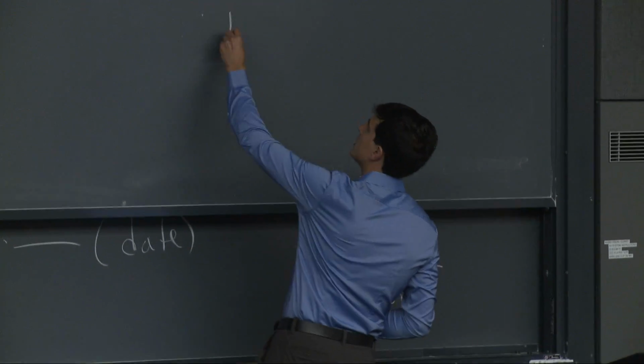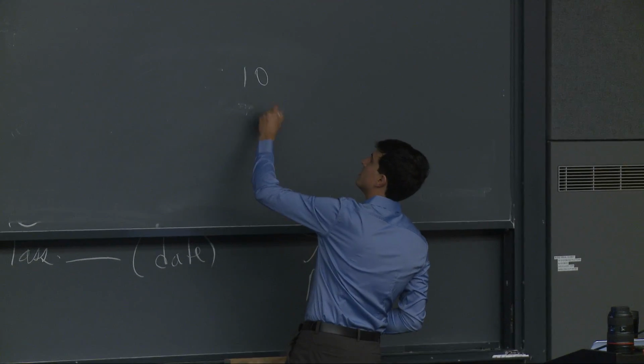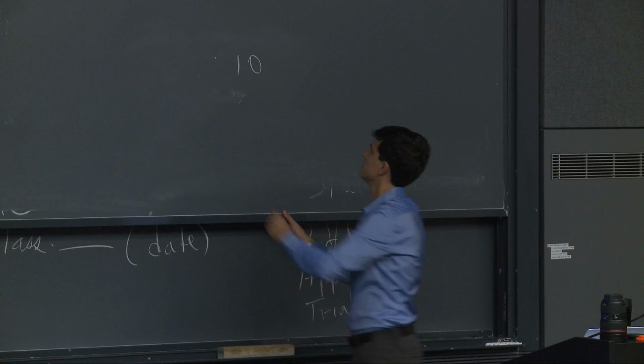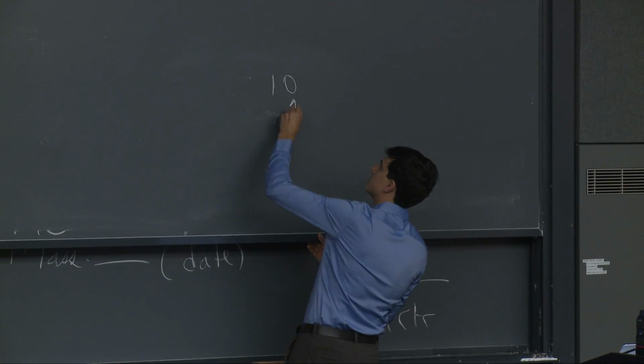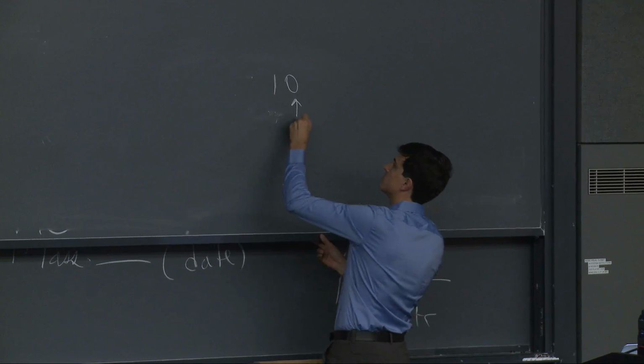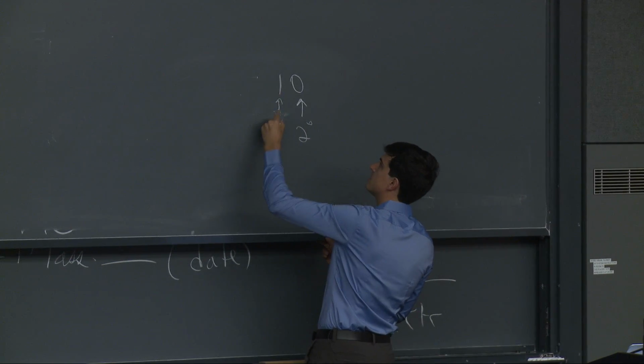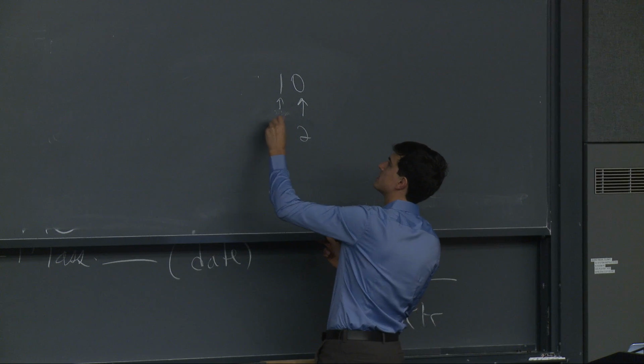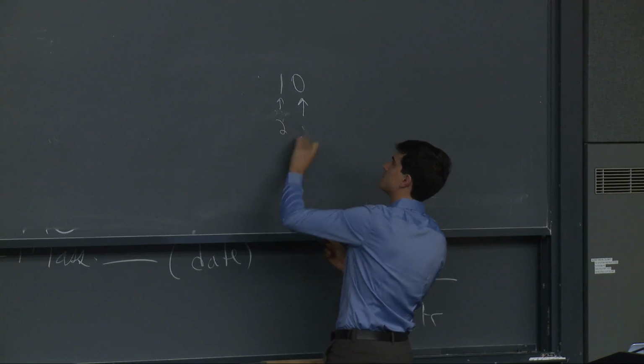So imagine that we have 1 and 0. We can actually imagine that this is the 1's place, and this is the 2's place.